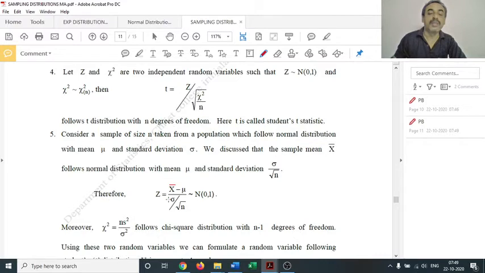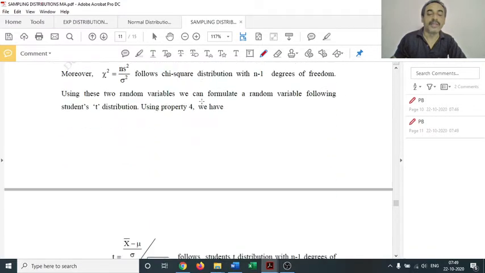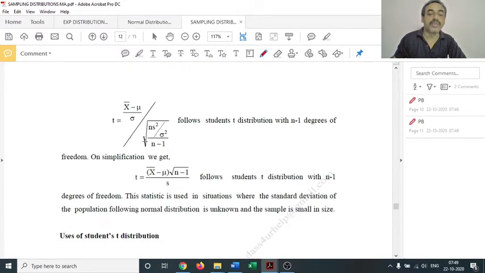Here, we place (x bar minus mu) divided by (sigma by root n) in the numerator and n s square by sigma square in the place of chi-square in the denominator. That's done in this equation, and if you make some simplifications, we get t equals (x bar minus mu) root n minus 1 by s, which follows t distribution with n minus 1 degrees of freedom.